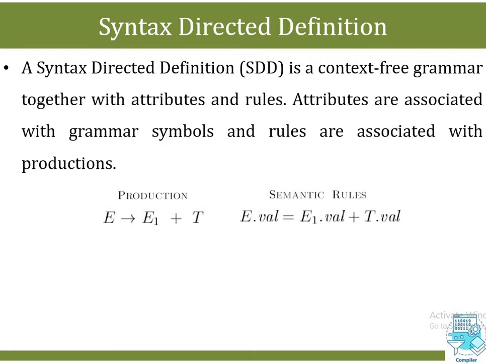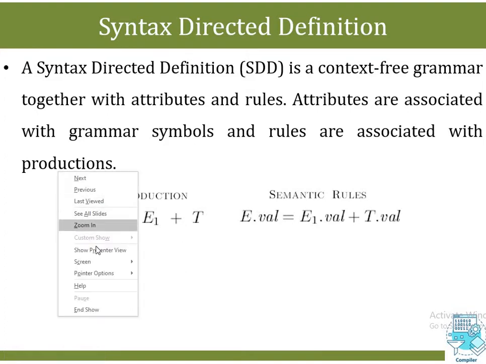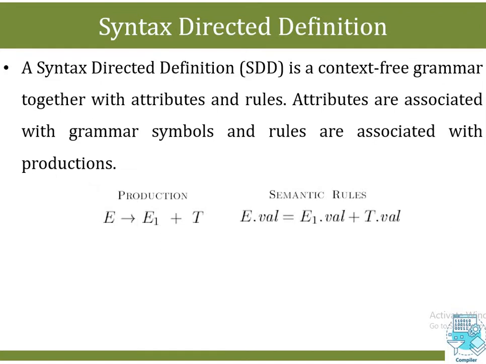So assume that we have a production E tends to E1 plus T. This is a production in the grammar, and for this production we have a semantic rule like E dot val equal to E1 dot val plus T dot val. This is what is called a syntax directed definition.